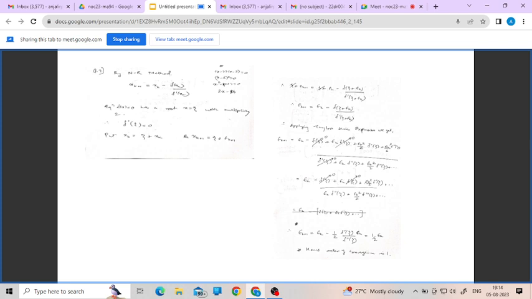So I hope it's clear. Why is it 1 not 2? Just look into the method, the solution, and if you have any doubt, let me know. Or if it is clear, tell me.